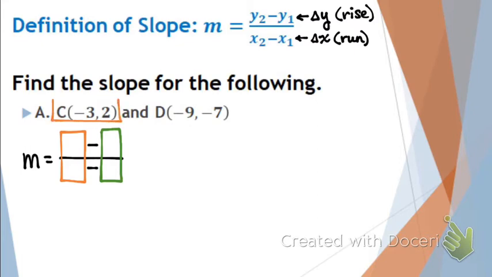So for example, if I let point C be my point 2, so that's the one that I'm doing first, change in y goes in my numerator, change in x goes in my denominator. So I'd want the y part of the ordered pair on top and the x part of the ordered pair on the bottom.